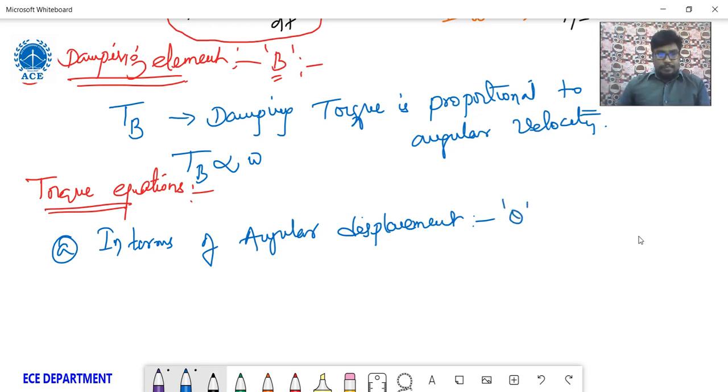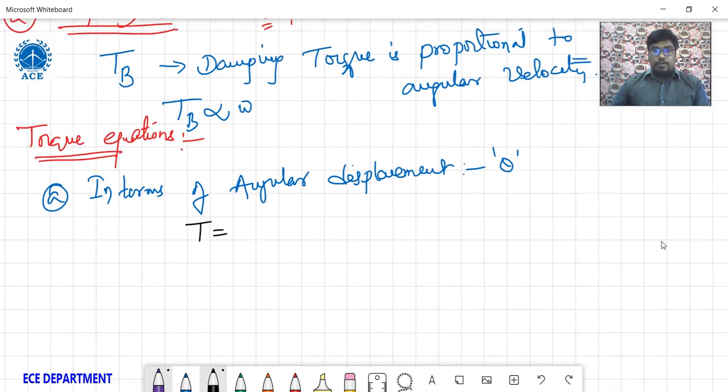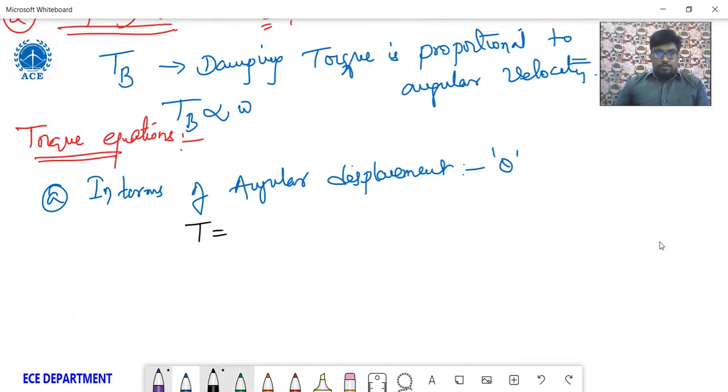So here torque is equal to, and before writing this term, we need to draw a damping element here.